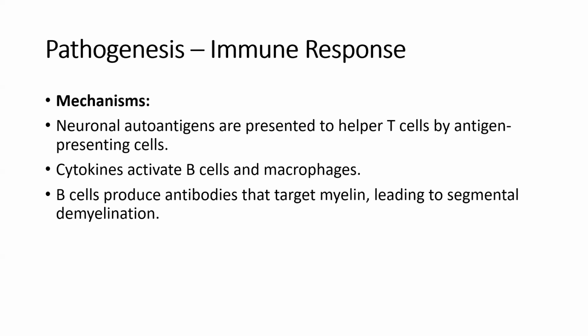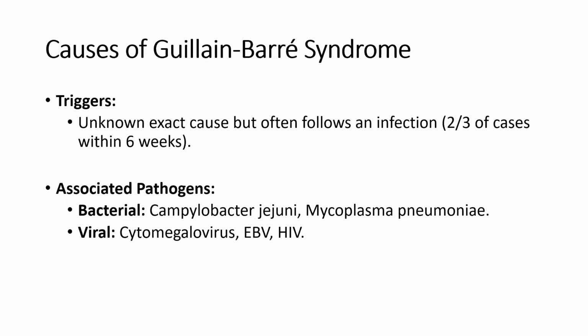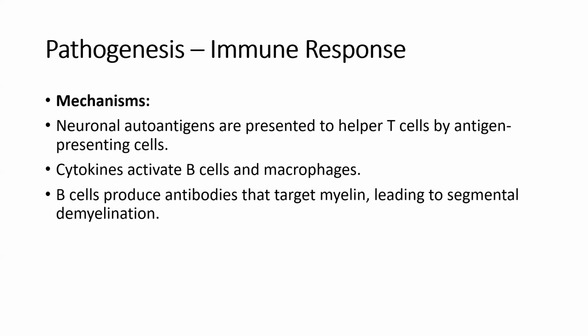It's usually caused by molecular mimicry. Do you remember the immunology and molecular mimicry? Some pathogens, for example Campylobacter jejuni, have oligosaccharides on their surface that mimic gangliosides, which are found on motor neurons.